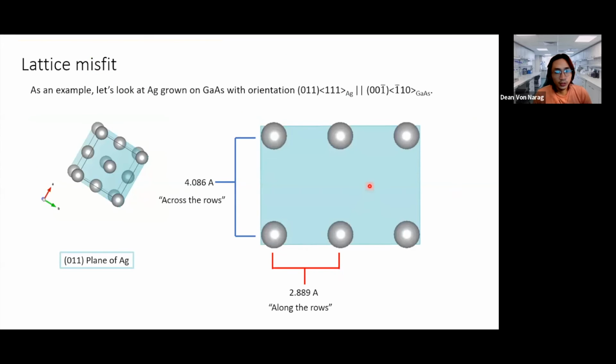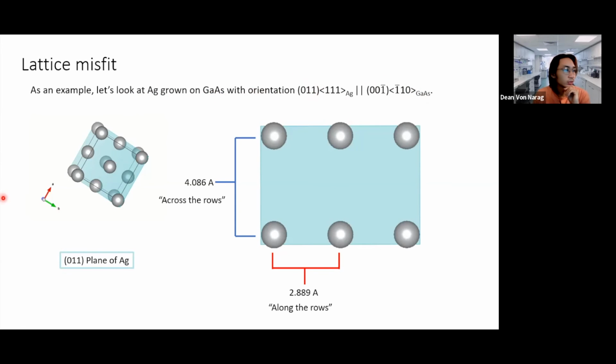Now, of course, this was discussed earlier. So we go into the lattice misfit. The lattice misfit just tells us how different the lattice parameters or the atomic spacings of your deposit and substrate are. So as an example, let's look at silver grown on gallium arsenide with this orientation.